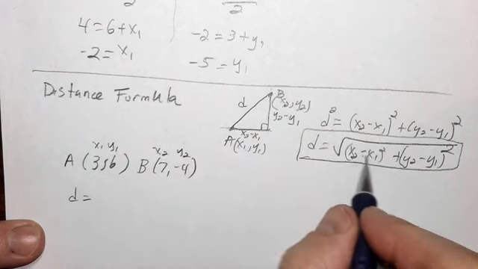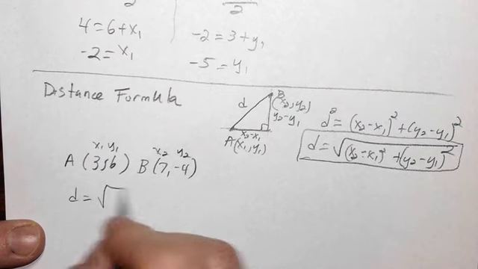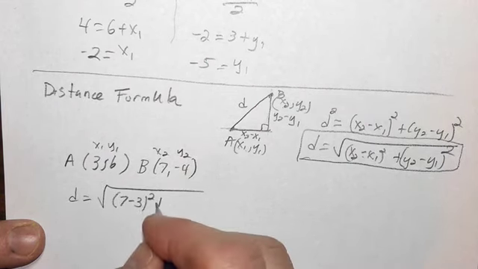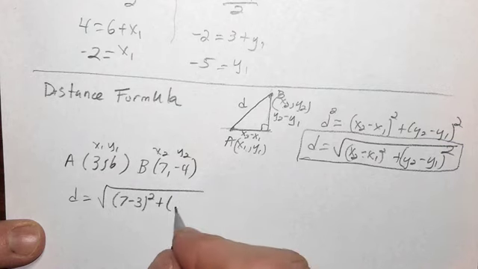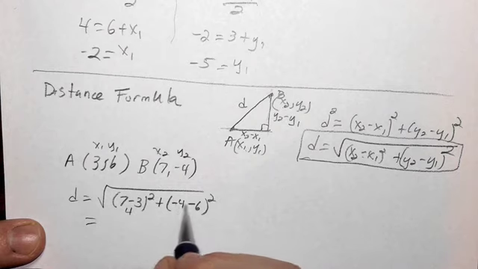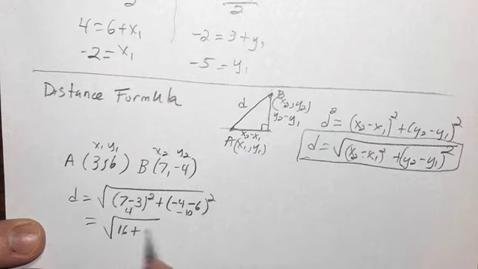I'm going to go x2 minus x1, so square root of 7 minus 3 squared plus y2 minus y1 squared. 7 minus 3 is 4. Negative 4 minus 6 is negative 10. 4 squared is 16. Negative 10 squared is 100. So this is the square root of 116.